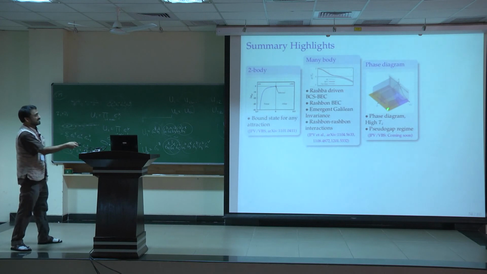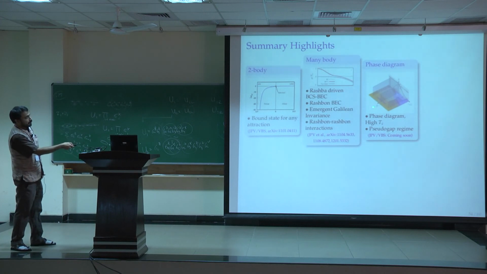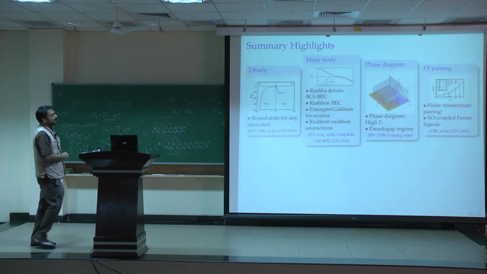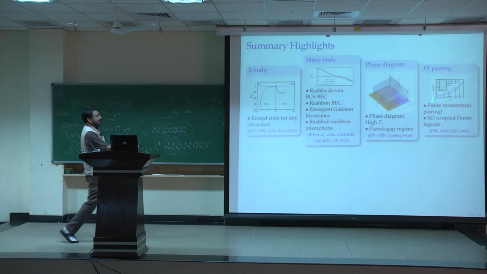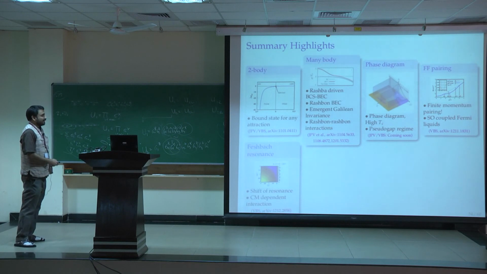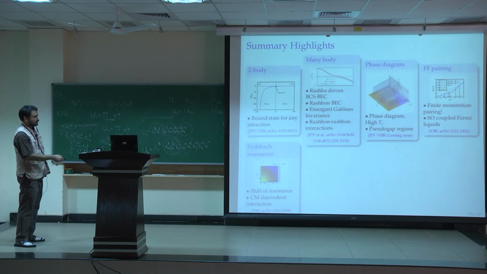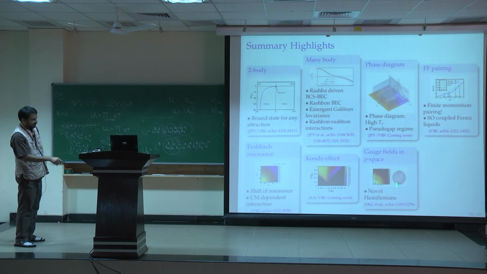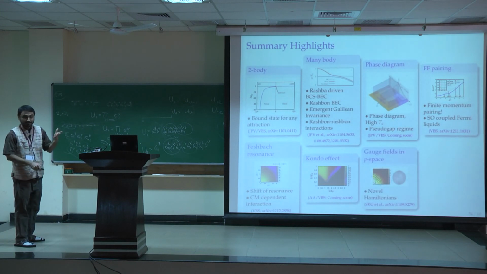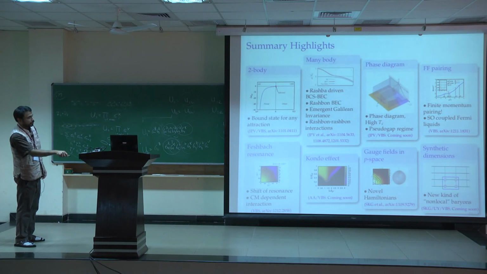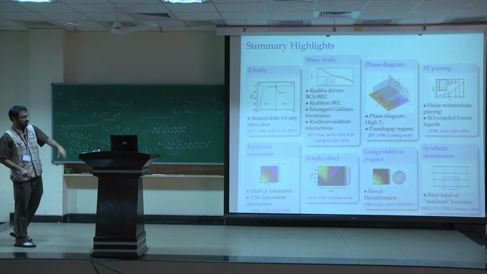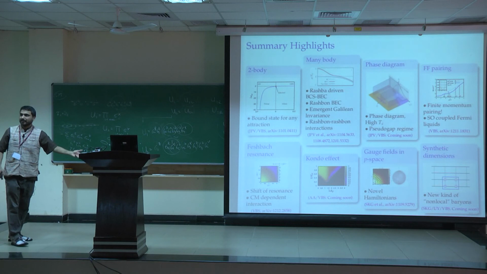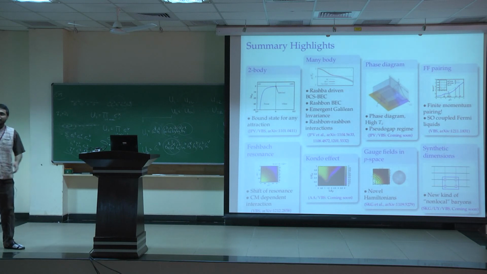Then I showed you this phase diagram, and one of the promising things that comes out of this is the enhancement of Tc, which is shown here. Then I showed you this finite momentum pairing. I discussed Feshbach resonance and what happens to that. I discussed the Kondo effect, showed you ways of generating new kinds of Hamiltonians, and showed you this changeover in the baryon structure in synthetic dimensions. So I'll stop here. Thank you.